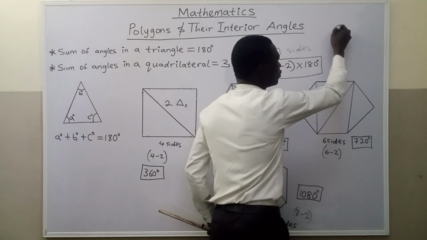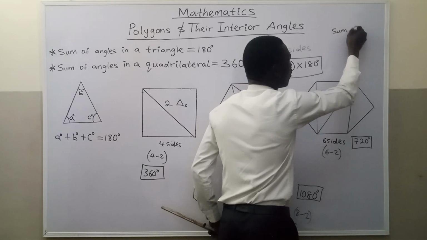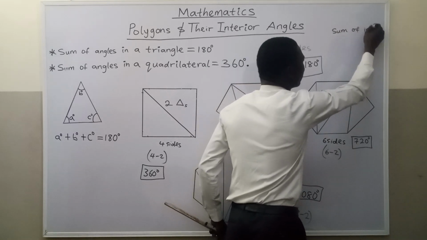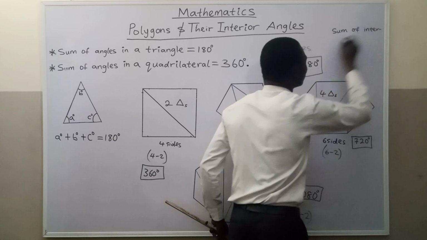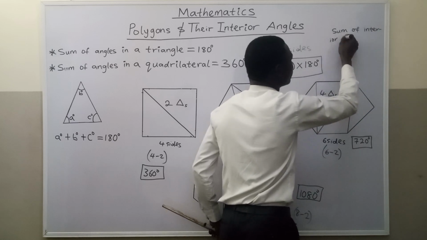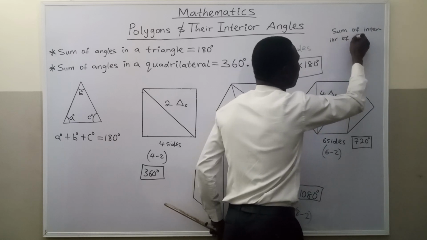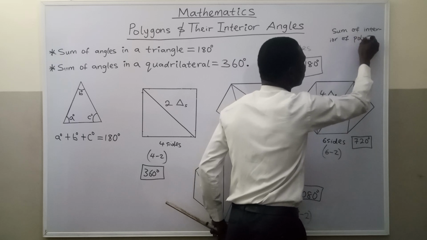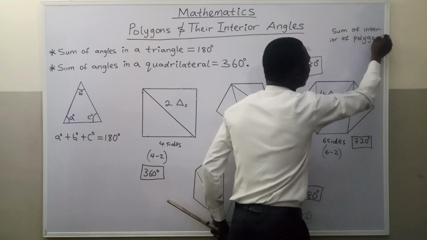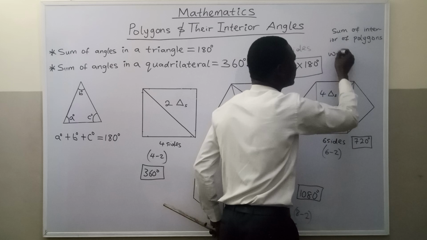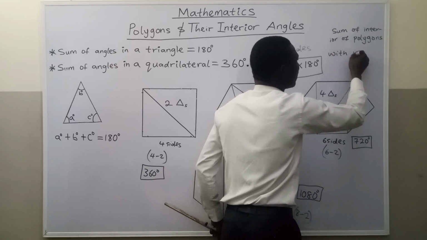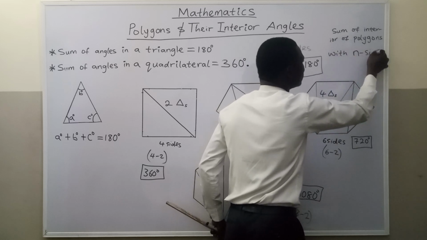That is, the sum of interior angles of polygons with n sides.